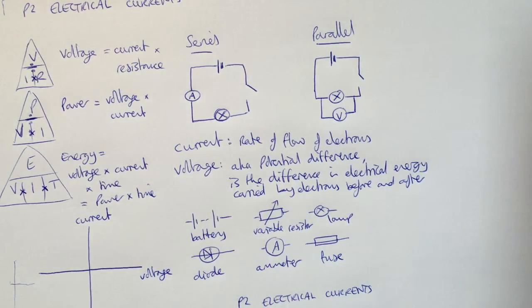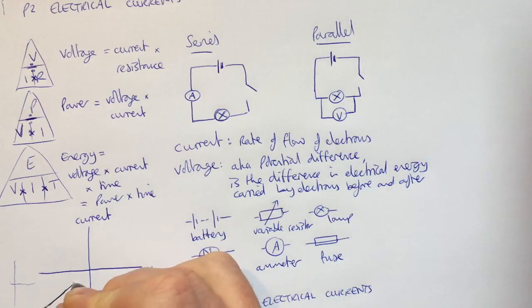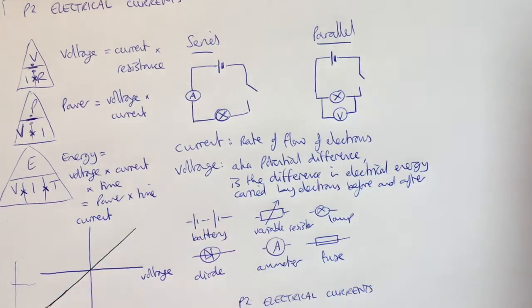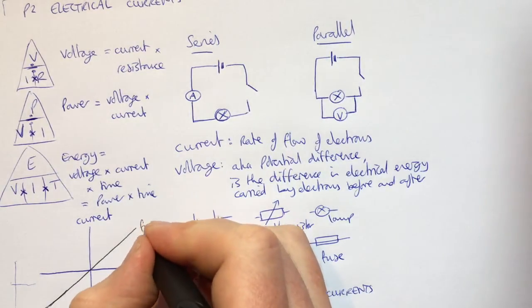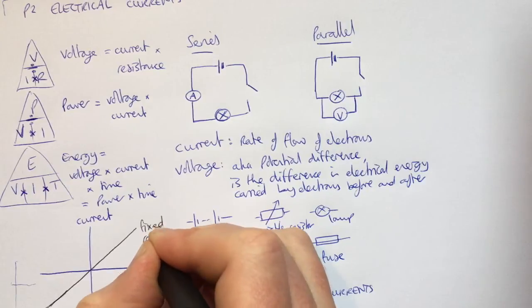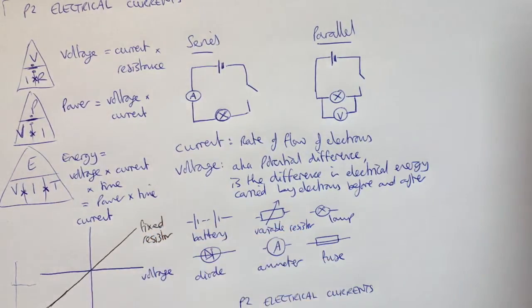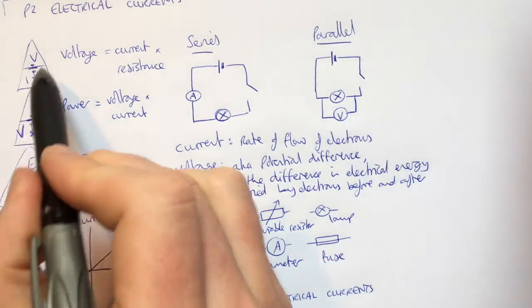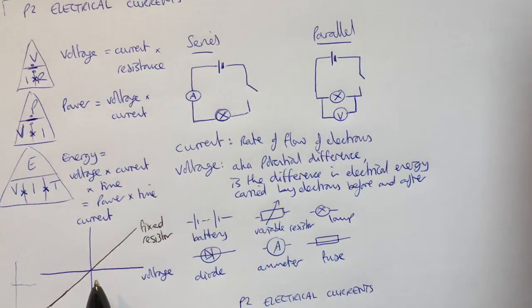So if the line looks like this, a straight diagonal line, so as voltage increases, so does current, that is a fixed resistor. Looking at this relationship, if as voltage goes up, so does current, the resistance must be constant, so that's a fixed resistor.